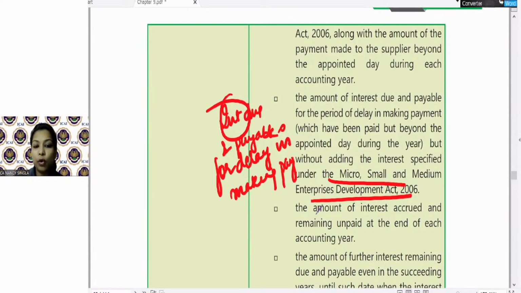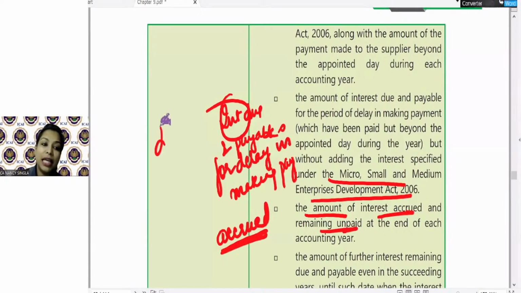The fourth point says the amount of interest accrued which has been recorded in the books of account and which is unpaid. तो यहाँ पर क्या है due and unpaid और यहाँ पर क्या है accrued. Accrued is which is recorded है ना and which is unpaid. ठीक है, is it clear?